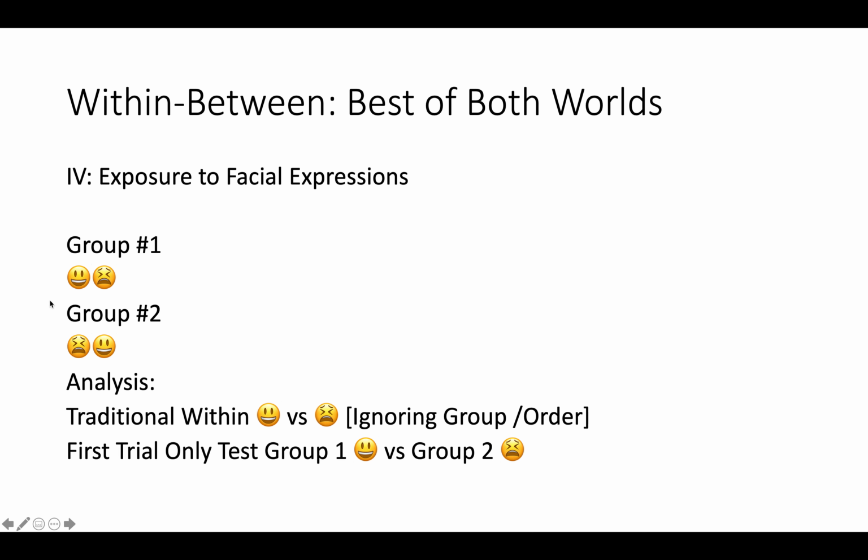That happens. Or in group two, the sadness condition affects how they respond in the happiness condition, right? That's totally fair. But I also have a true experiment right here where I can compare these two groups. So this is the best of both worlds.